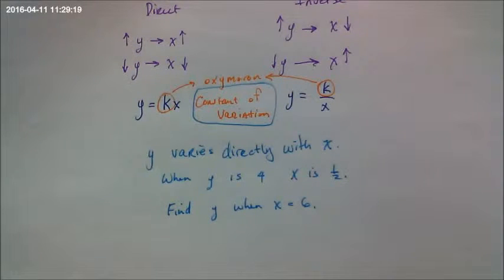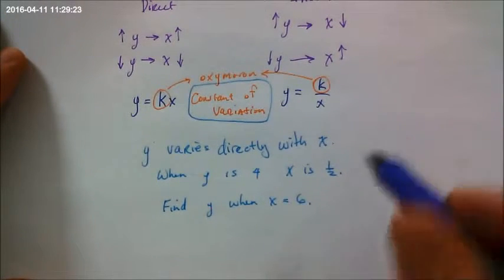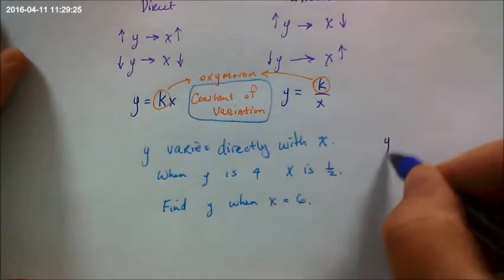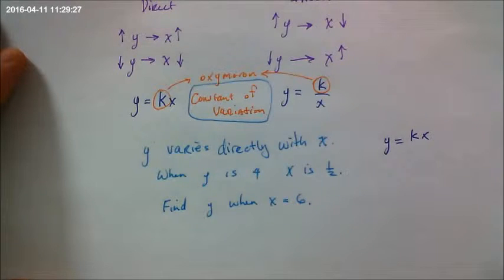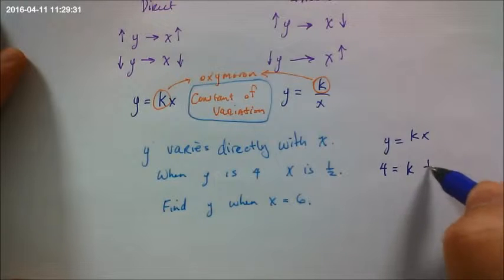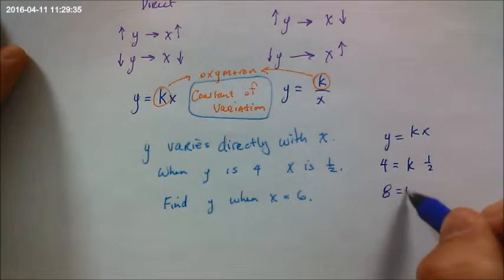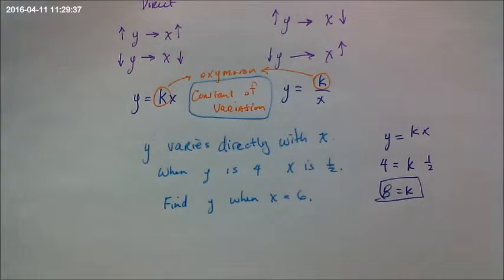The very first thing you do is work with this. We start off with y equals k times x. It says when y is 4, x is 1/2. We have to figure out what k is. So 8 is k. That's the first thing you've got to do.